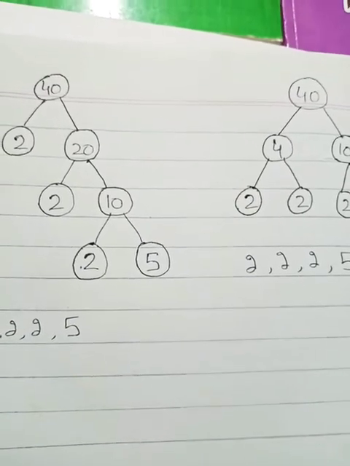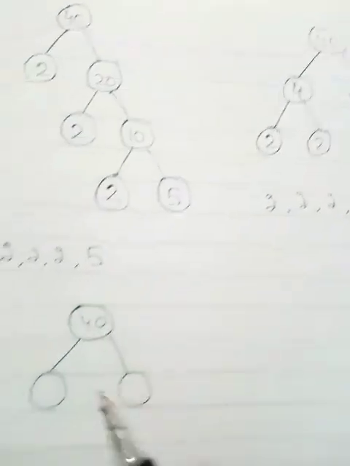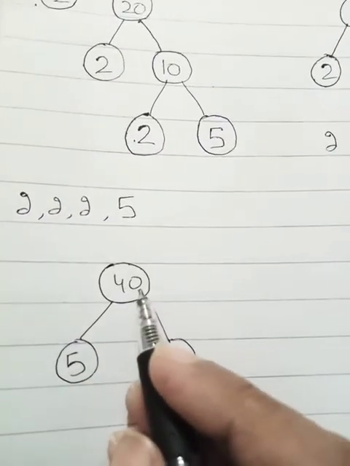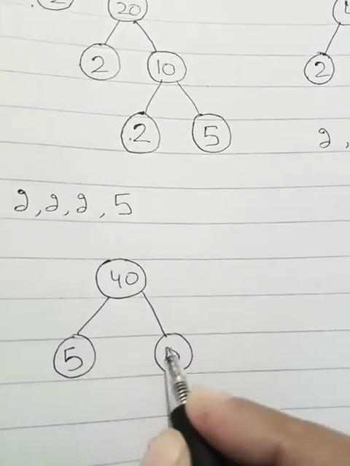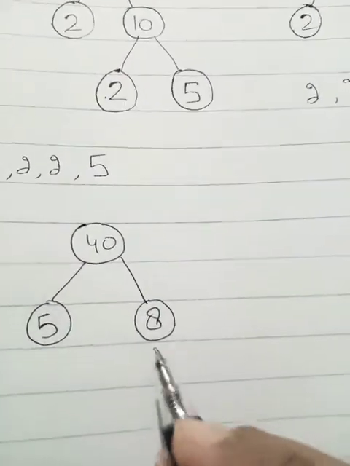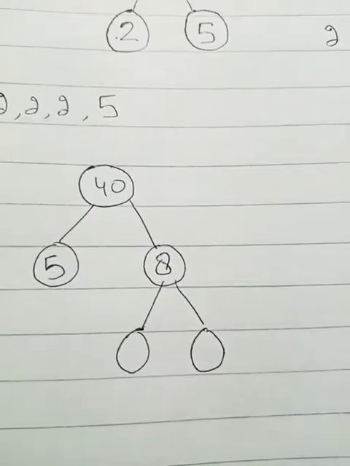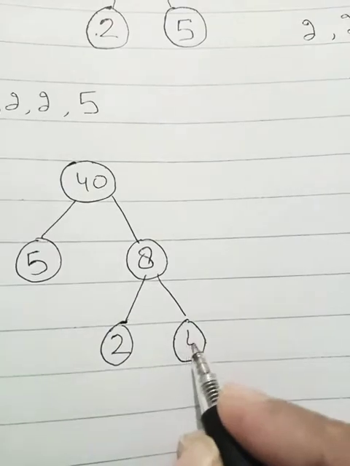Yes, let's see. Now we have started with 2, we have started with 4. Now after 4 we will check it by 5 because at the unit place there is 0, so it will be divided by 5. 5 8s are 40. So 5 is a prime factor. It is stopped here, but 8 is a composite number, so it will be further divided. 8 is an even number, so we will start with 2. 2 4s are 8.